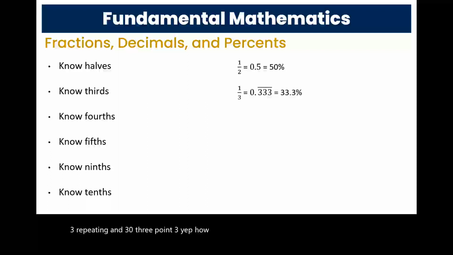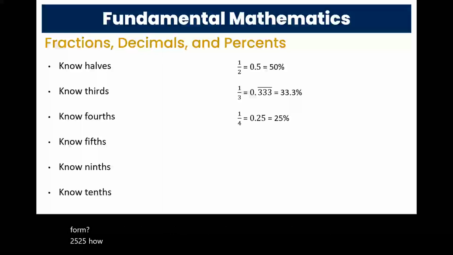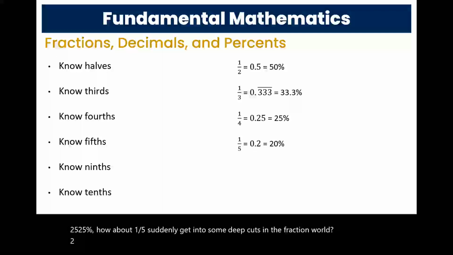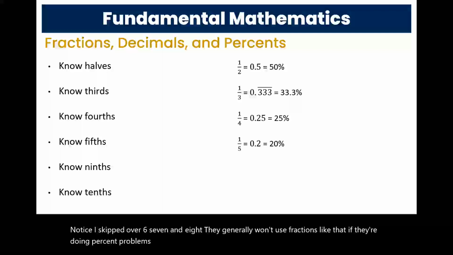What's 1/4 in decimal and percent form? 0.25, 25%. How about a fifth? Now we're starting to get into some deep cuts in the fraction world. 0.2, 20%. Notice I skipped over 6, 7, and 8. They generally won't use fractions like that if they're doing percent problems. They're generally going to be doing something quick and easy.